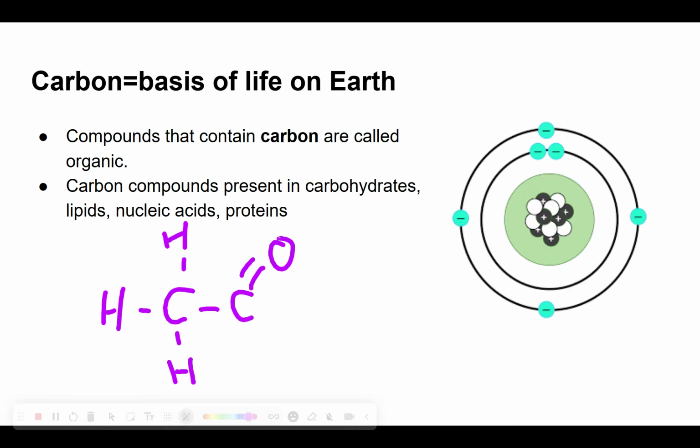This double line represents a double bond. And this OH we've talked about before represents a hydroxyl group. This molecule overall, which I don't think you need to know the name of, is acetic acid. A good example of a ring structure is glucose.